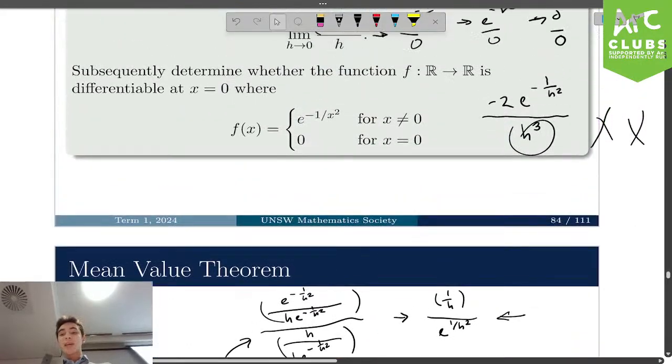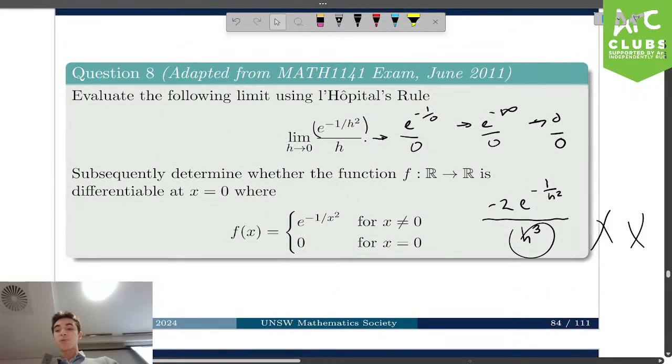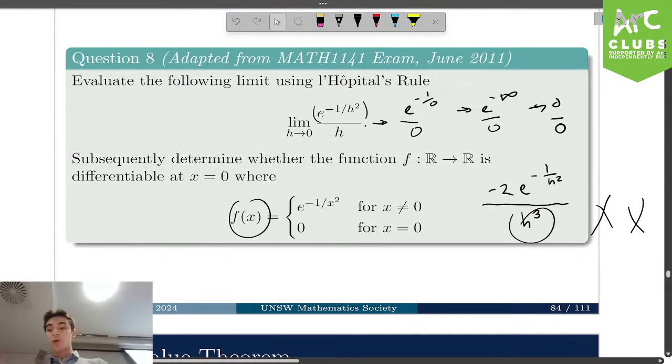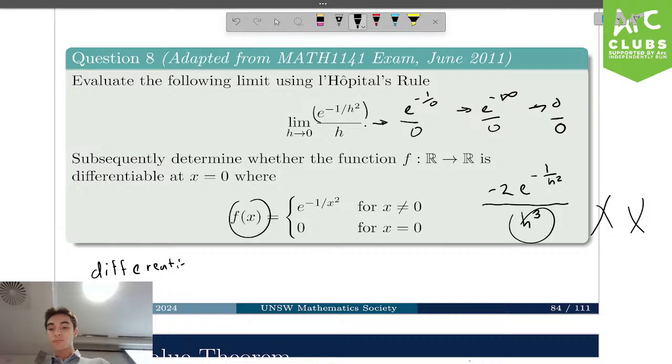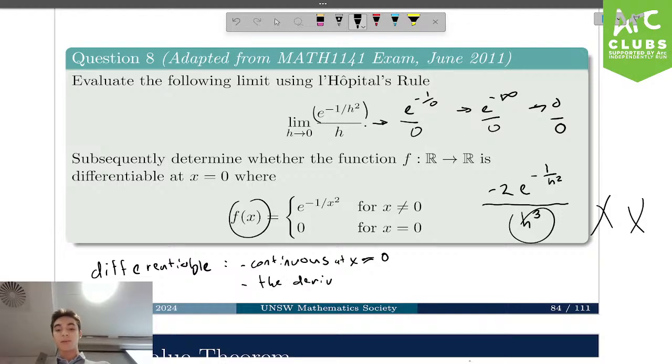But what was the second part of this question? Subsequently determine whether this function is differentiable at x equals 0. If you recall what Angie explained to us earlier, if something is differentiable, that means it's continuous, in this case at x equals 0, and the derivative exists at x equals 0.